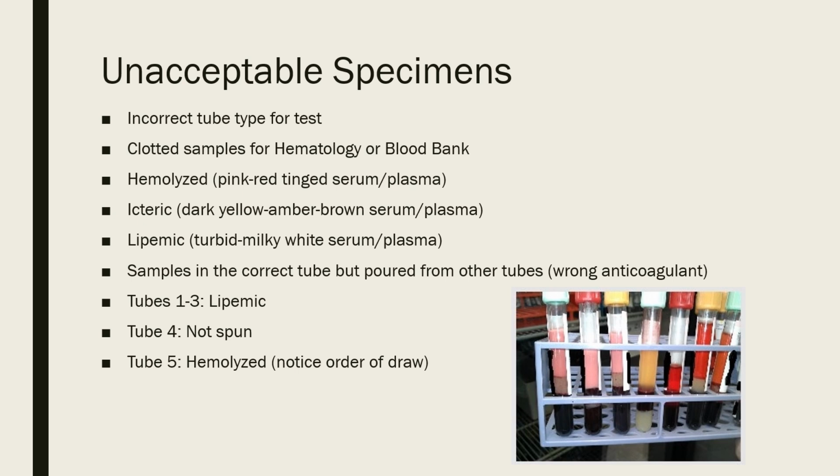So some things that could cause you to reject a specimen or consider it unacceptable would be that someone sent you the improper tube for that particular test. Your sample came in with a clot in it. So for example, if you get a clot in your hematology tube, in that lavender tube, then that clot's going to cause your red cells, your platelets, white blood cells to get hung up in that clot.